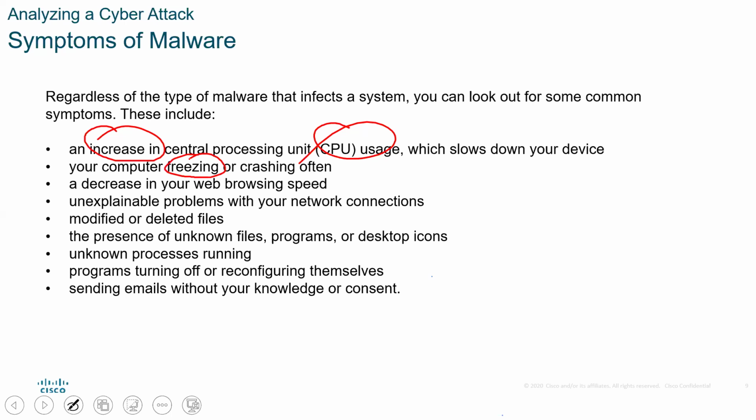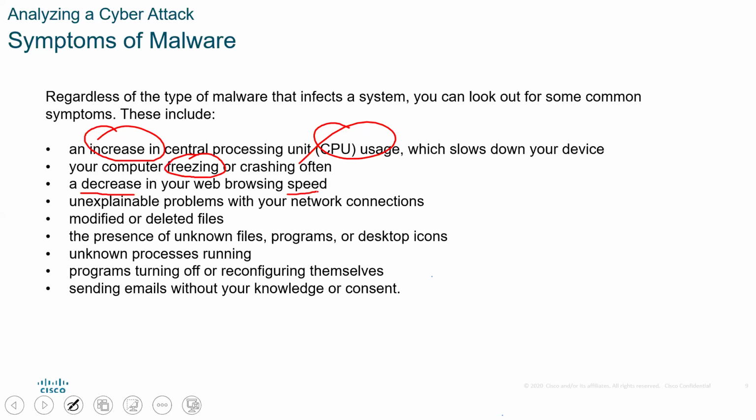Number 3, a decrease in your web browsing speed. Maybe your browser is getting very, very slow, and you are beginning to wonder what happened. Okay, you need to check. There is a suspicion, and the keyword is the decrease in the speed.